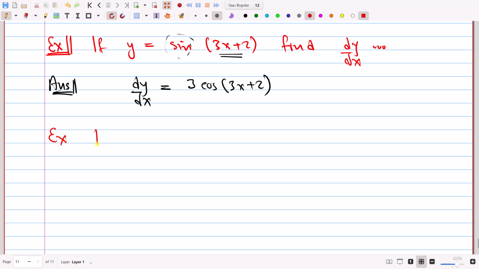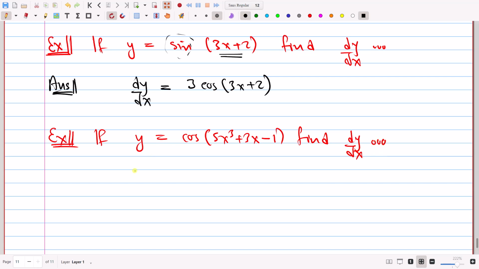Another example: if y is equal to cos of 5x cubed plus 3x minus 1, find dy/dx. First, you differentiate the argument, and you get 15x squared plus 3.